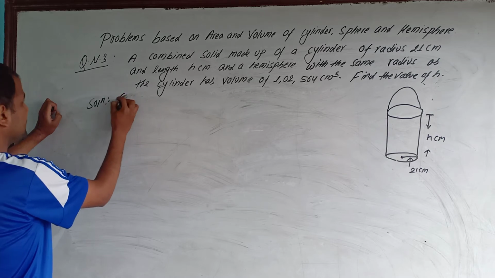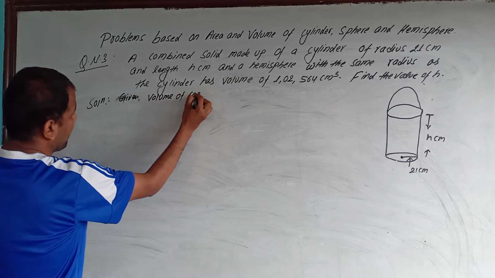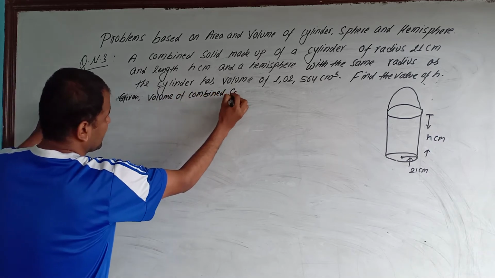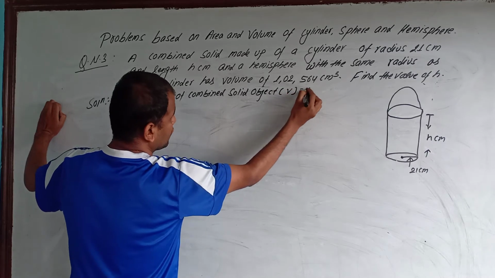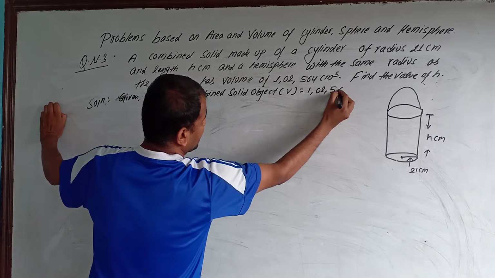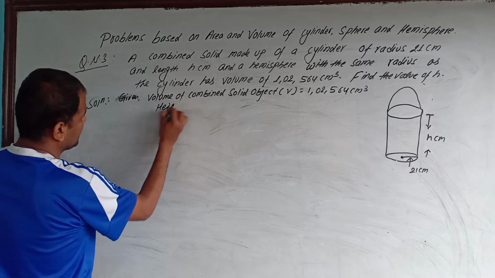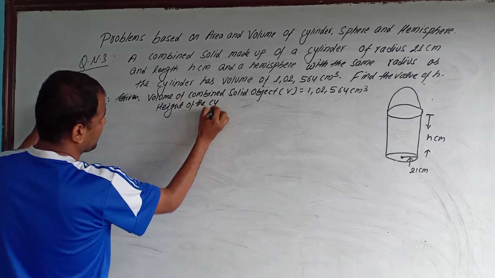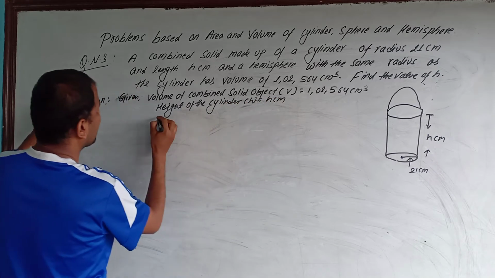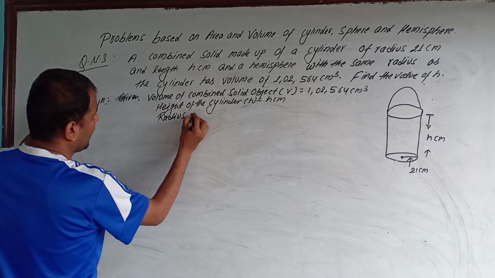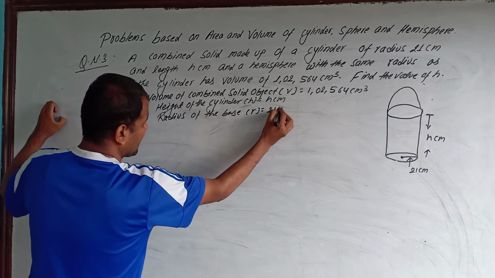We write here given: volume of combined solid object V is equal to 102564 centimeter cube, height of the cylinder is H centimeter, radius of the base r is equal to 21 centimeter.